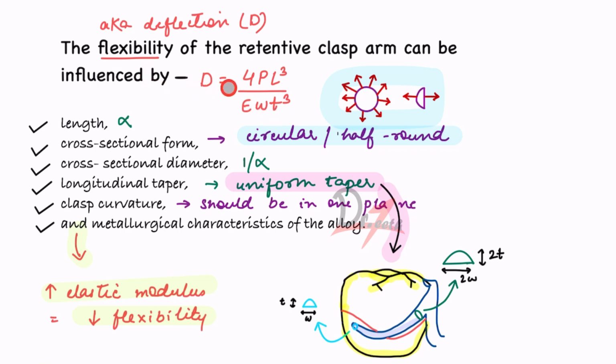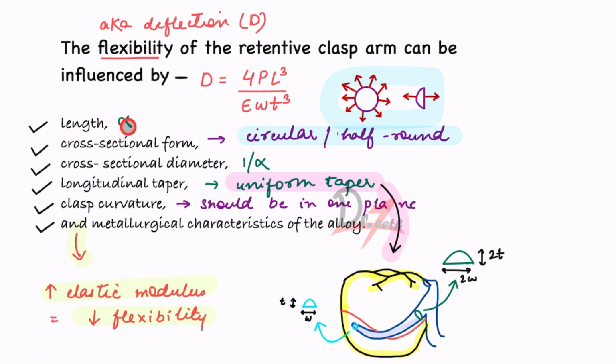D refers to the deflection or the flexibility. P is the applied force, L is the length, E is the modulus of elasticity, W is the beam width, the clasp width, and T is the beam thickness or the clasp thickness.